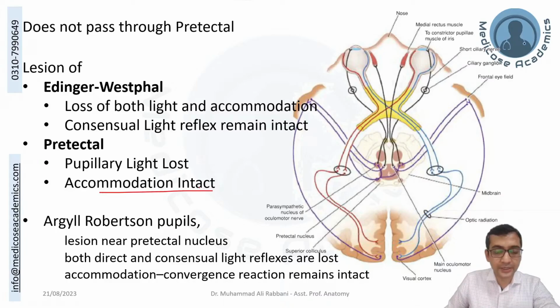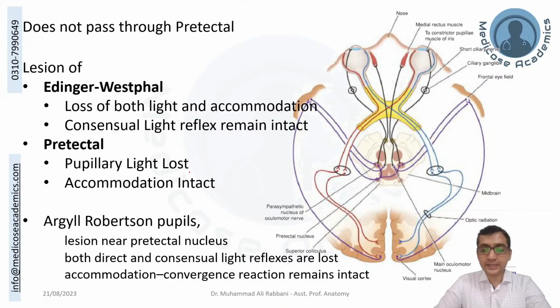So accommodation will be intact, but the pupillary light reflex will be lost. So that's what happens in the Argyll Robertson pupil. It includes a lesion near the pretectal nucleus, and then the light reflexes are lost, but accommodation convergence remains intact.